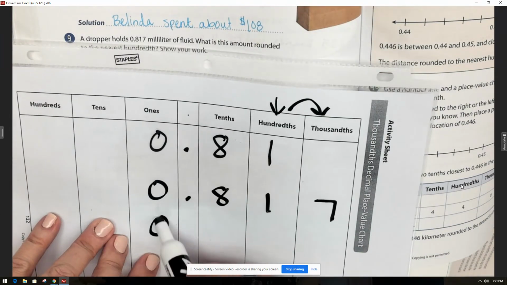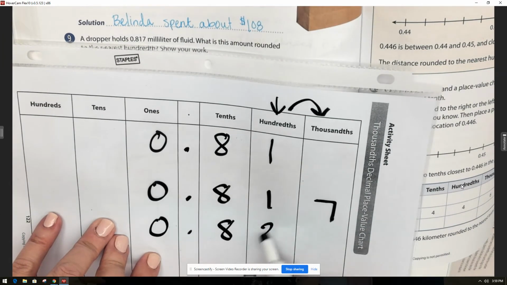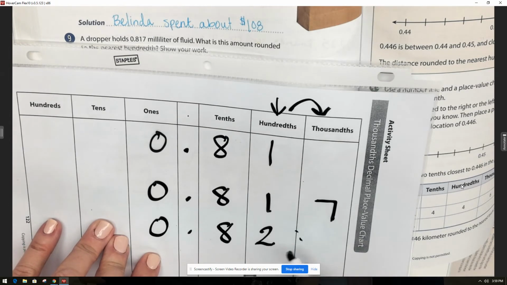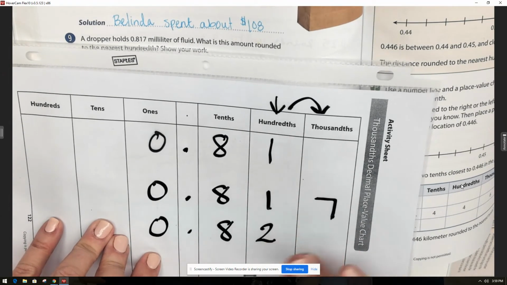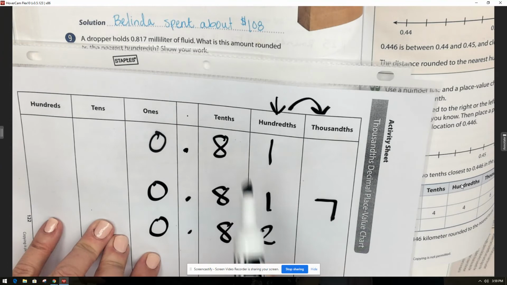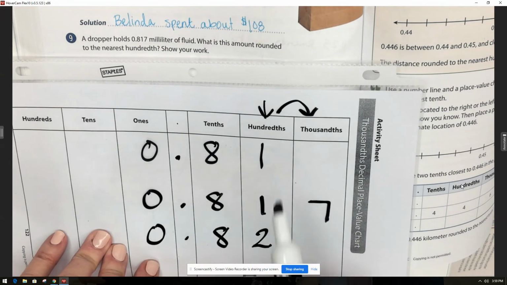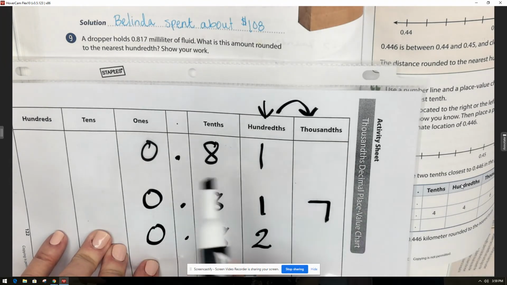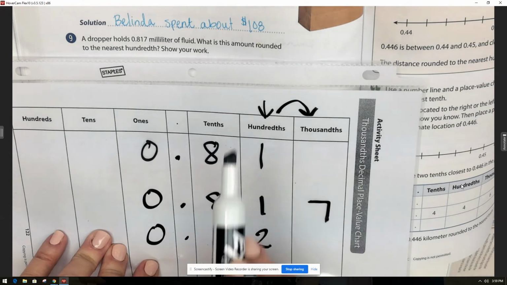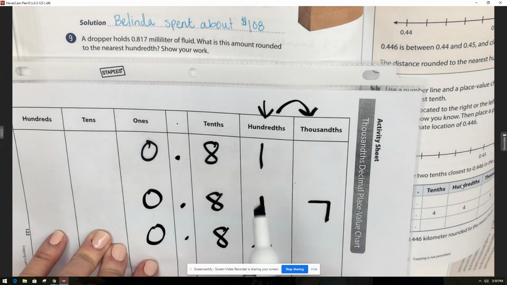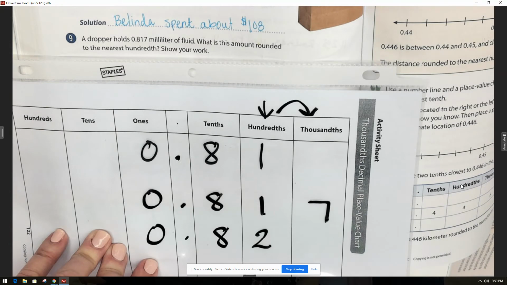And then 82 hundredths is the higher end. So this would be like the beginning of the number line and the end of the number line if we were drawing it on a number line. The way that I got these two numbers is I know that this decimal here is greater than 81 hundredths, but it's less than 82 hundredths because there's a 1 in this hundredths place.